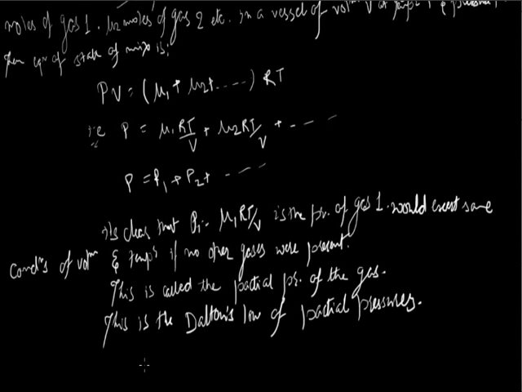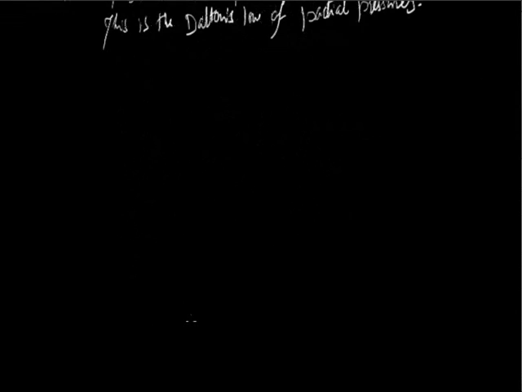Now come to the TV curves, temperature and volume curves. We already know about the PV curves, and this is quite different from them. On the x-axis I am taking volume, just like the PV curve, and on the y-axis instead of taking P, I am taking temperature.